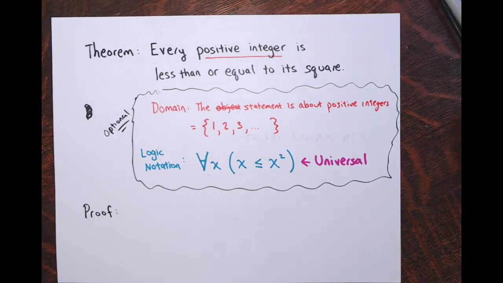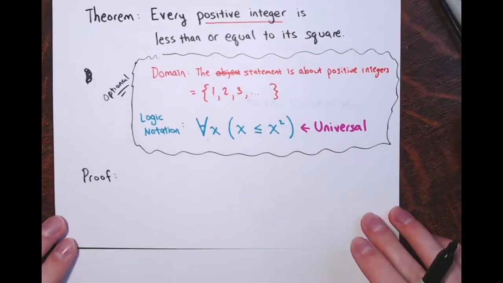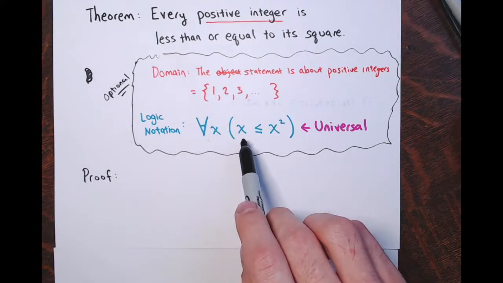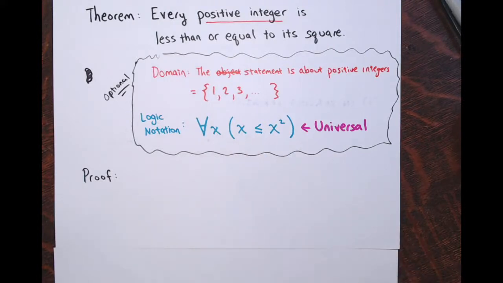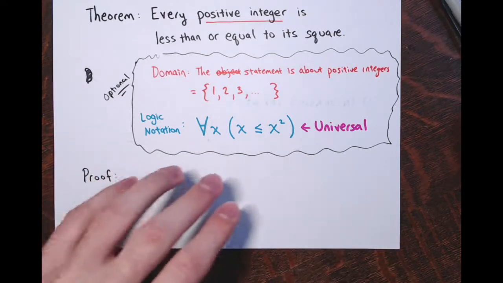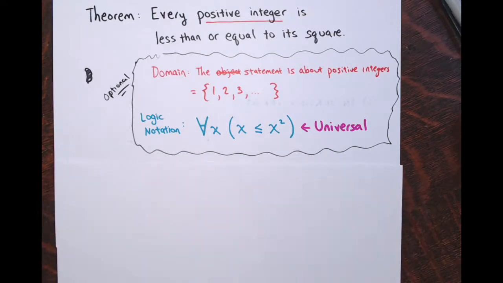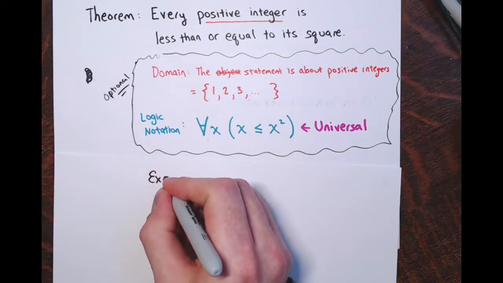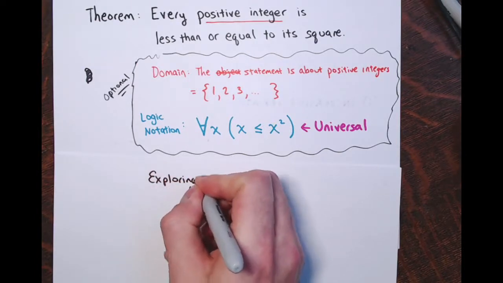Now, to prove a universal statement, we have to prove that this is true for every single positive integer in the domain. Now, you can do some scratch work. So I'm not writing the proof yet. What I'm going to do right now is some exploration, trying some stuff out.